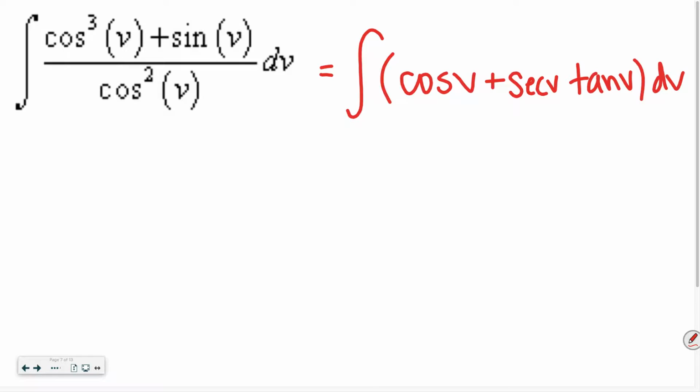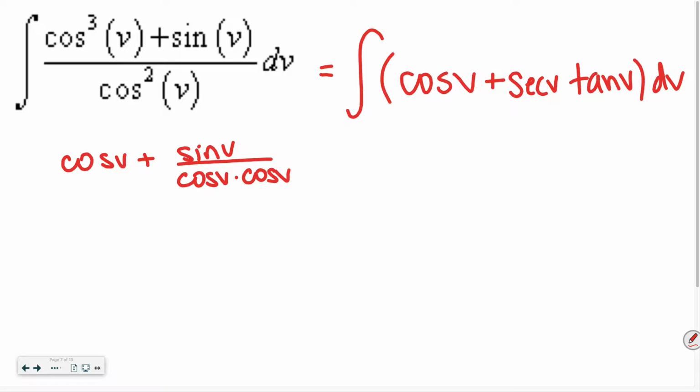Do I need to write that out? Yes, please. Okay. So we're okay with this being cosine, right? But here we have sine over cosine squared. So I wrote cosine squared as cosine times cosine.